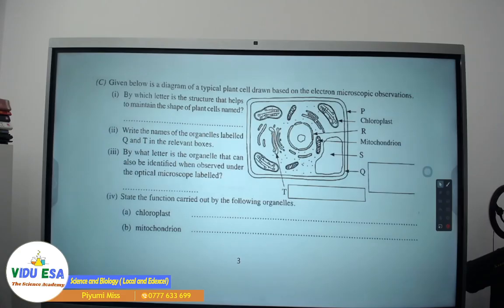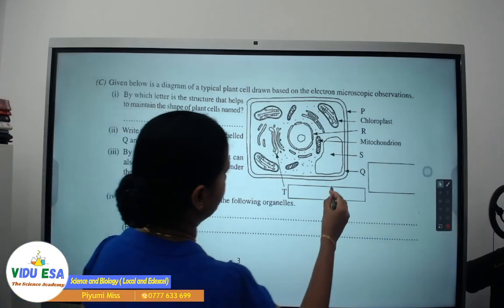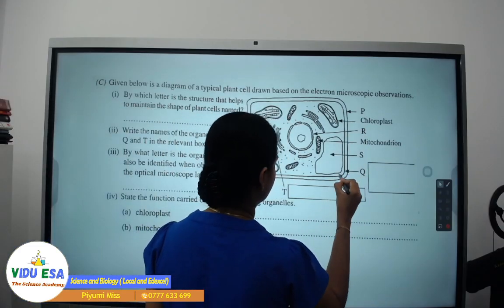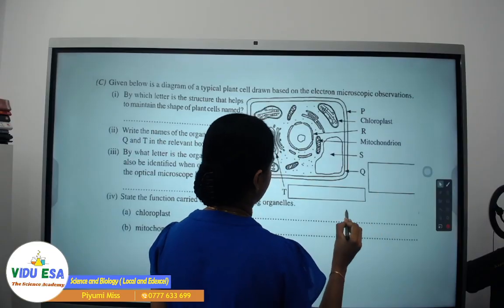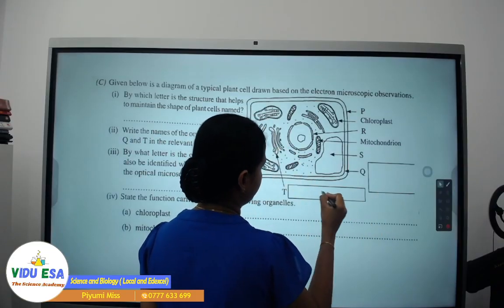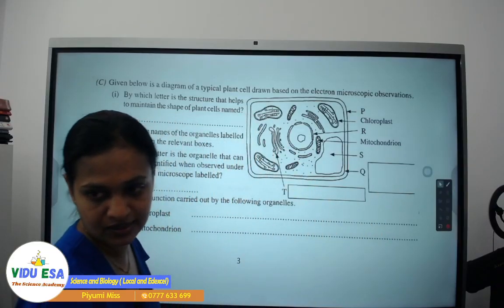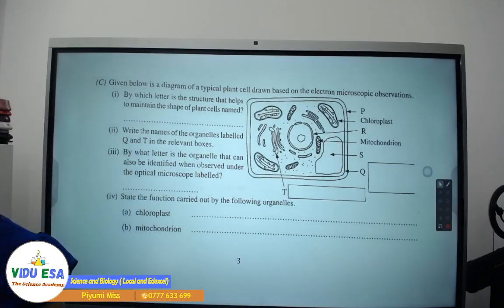Then write the names of the organelles labeled Q and T in the relevant boxes. Q is the cell membrane or the plasma membrane. T is the Golgi body or the Golgi complex. 1 mark for each.